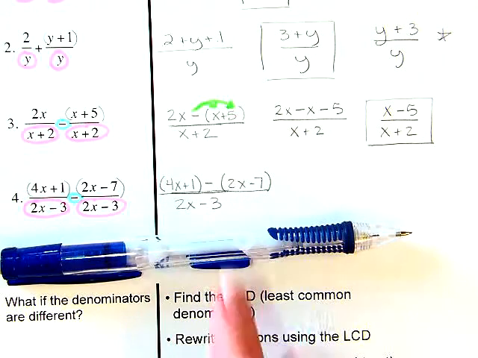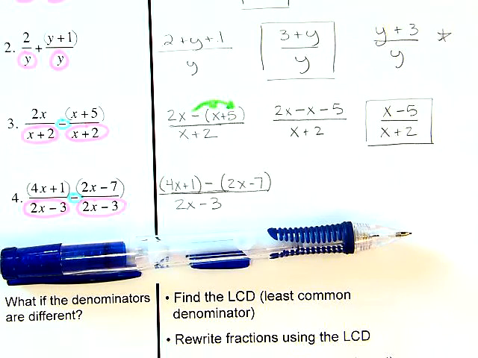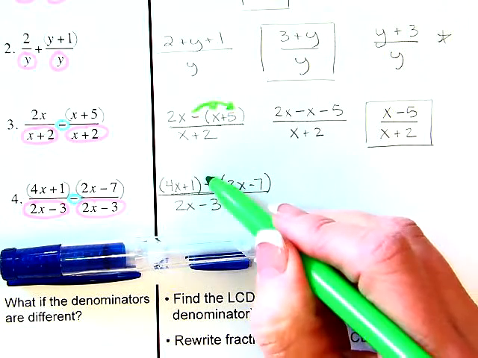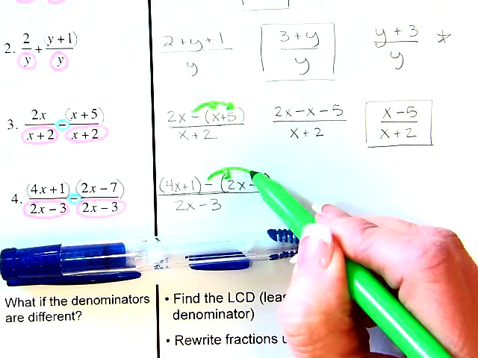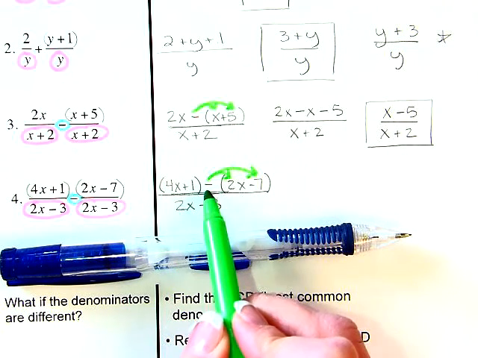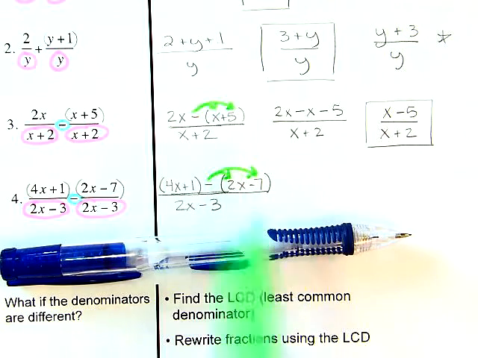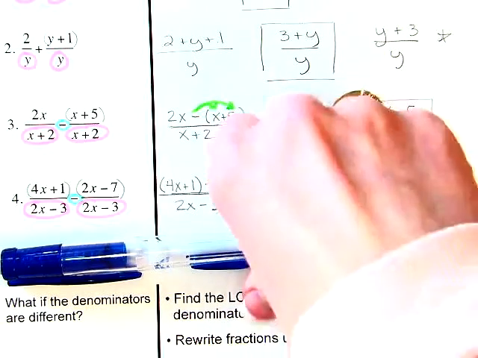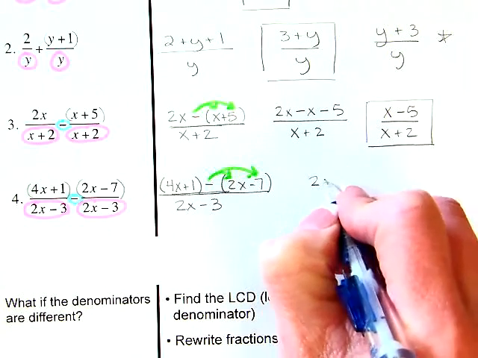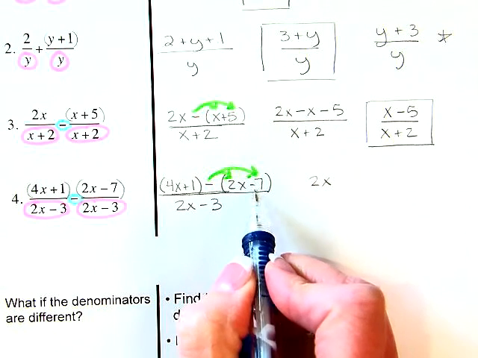So again, you got to be careful because this minus here is being distributed. So the way I think about it is I'm taking this like term 4x and I'm minusing the like term 2x. So if you take 4x minus 2x, you're going to get a 2x. And most people do really well with the first one. It's the second one they forget.